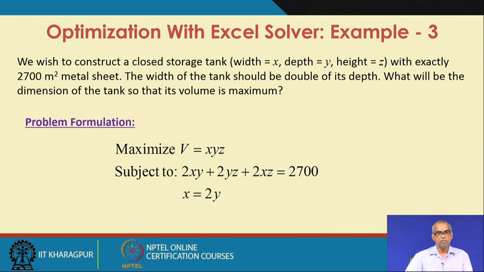We want to construct a closed storage tank, width is x, depth is y and height equal to z with exactly 2700 meter square of metal sheet.